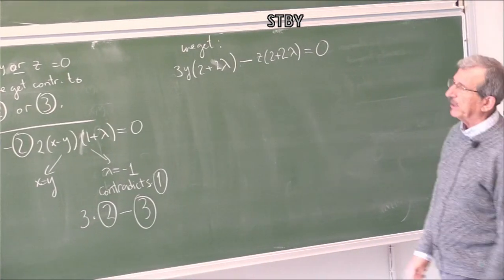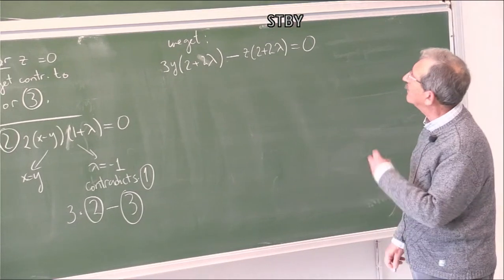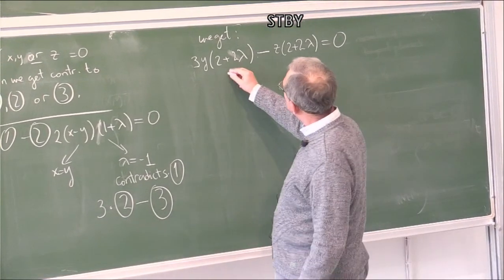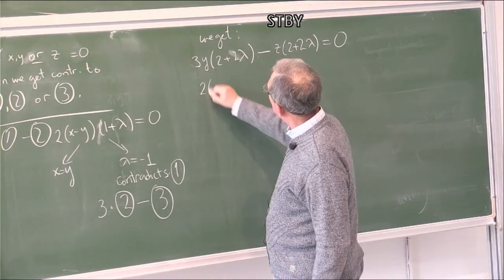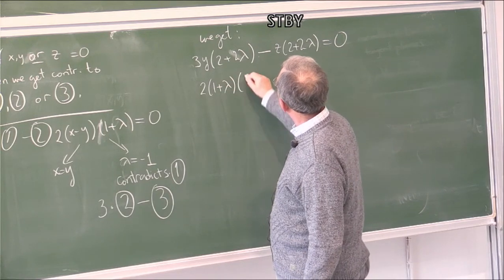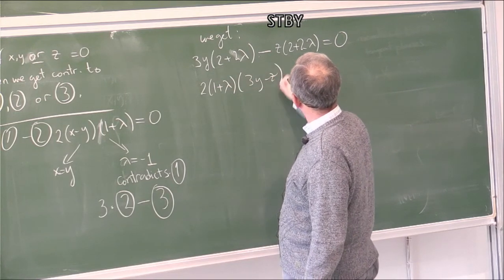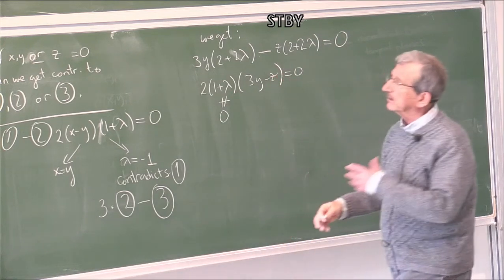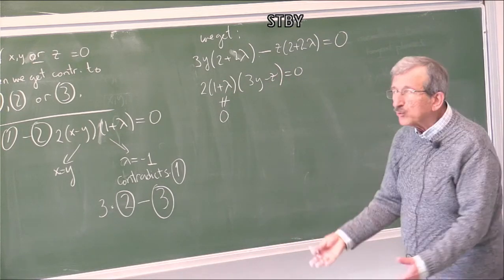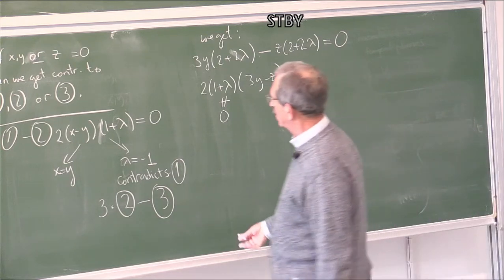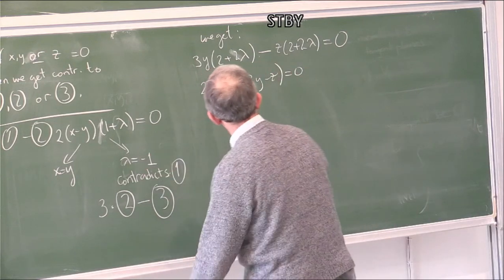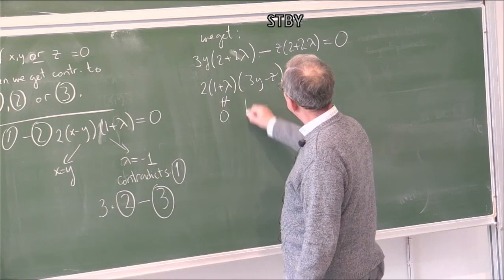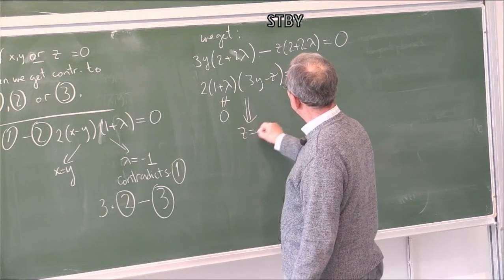This tells us that 2 times 1 plus lambda times 3y minus z must be 0. We know 1 plus lambda is not 0 because lambda cannot be minus 1. We already considered that. So it says that z is 3y.